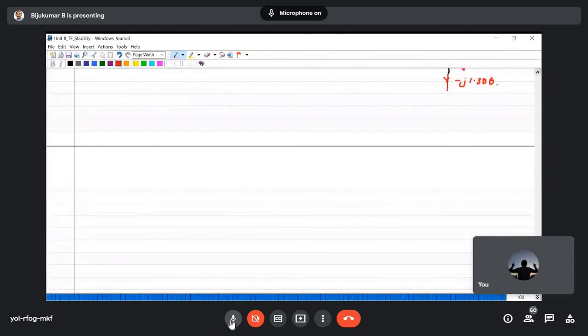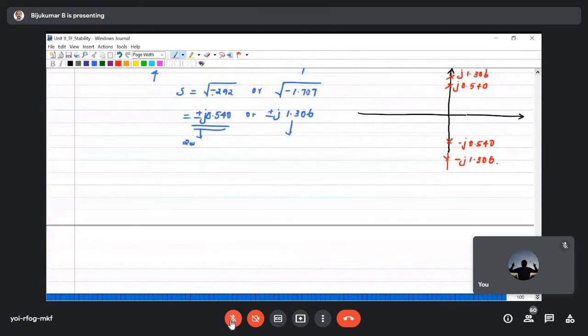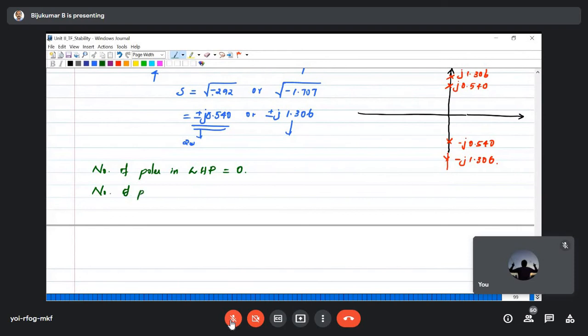Because in the given polynomial only 4 poles are there, right? 0. So the number of poles in LHP is equal to 0. Number of poles on the j omega axis is equal to 4, right? And first we have observed that the number of poles in RHP is also 0.